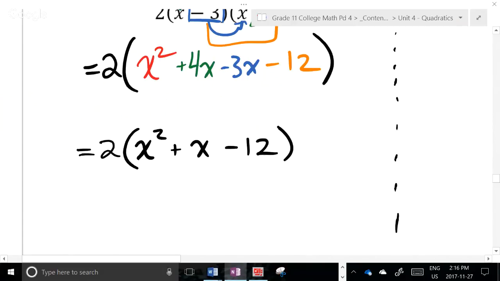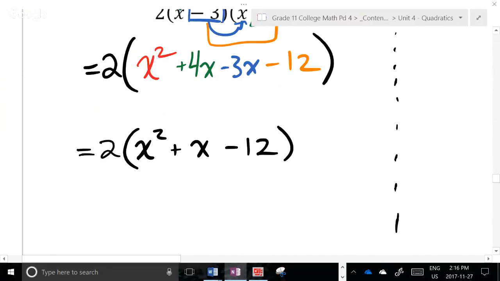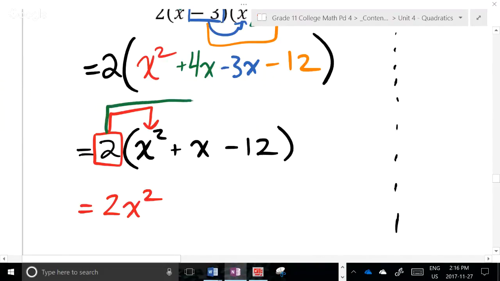And now that 2 is in front, and don't forget, the distributive property tells me I have to multiply that number by all the numbers. So 2 by x squared is what? 2x squared. Plus 8. And I'm going to stick with colors here just to be really specific. 2 times x is?